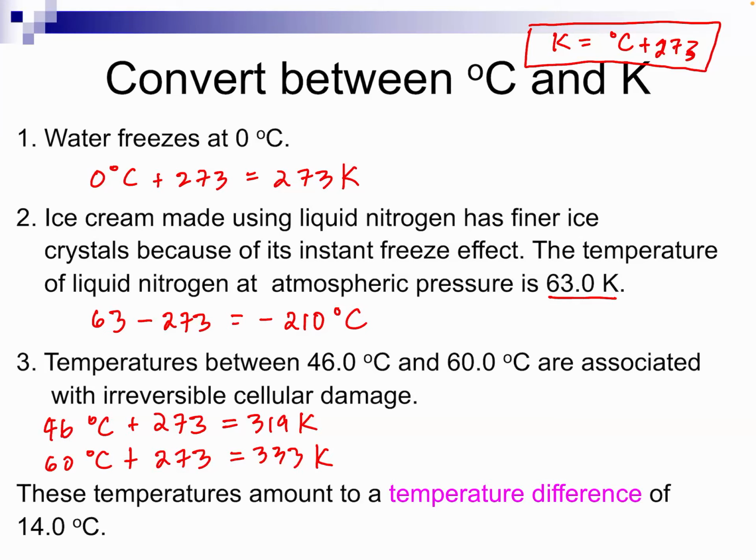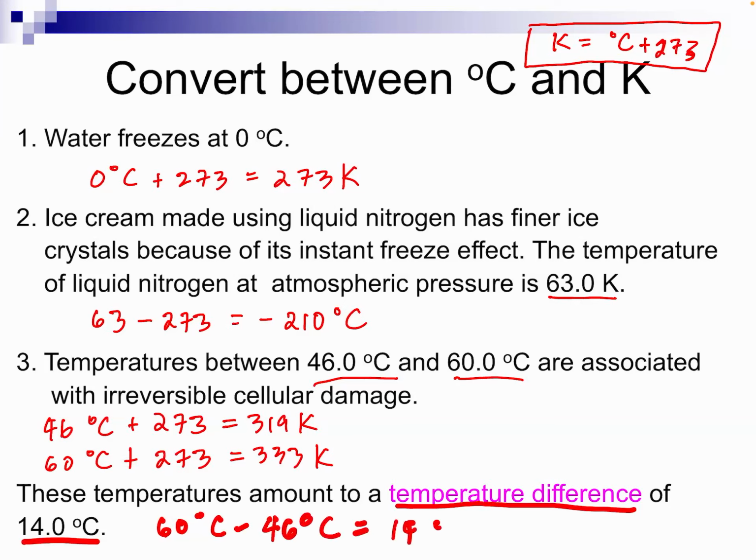So if we then look at these 2 temperatures in Celsius, 46 degrees and 60 degrees Celsius, that's a temperature difference of 14 degrees Celsius, right? 14 degrees Celsius was, of course, obtained as 60 degrees minus 46 degrees Celsius.